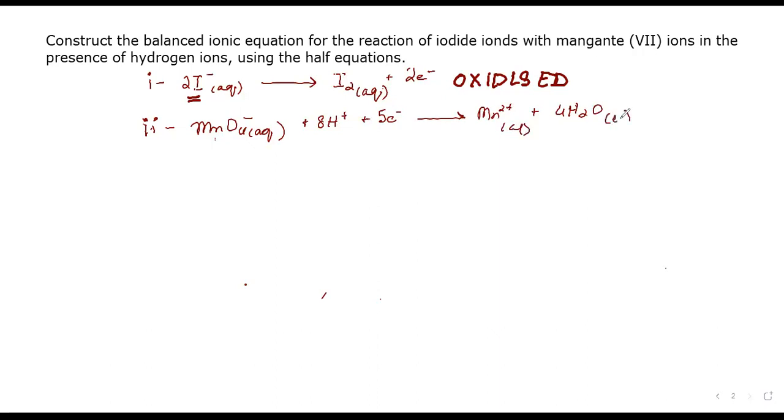Now, in this particular situation, if you take a look, you're going to realize that your manganese is being reduced. How can you tell in this question that manganese is being reduced?